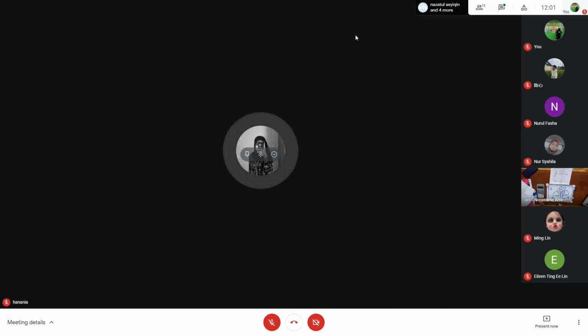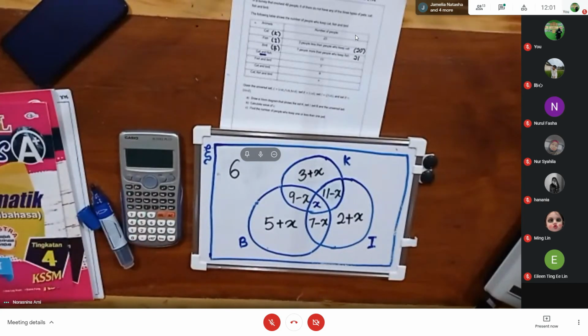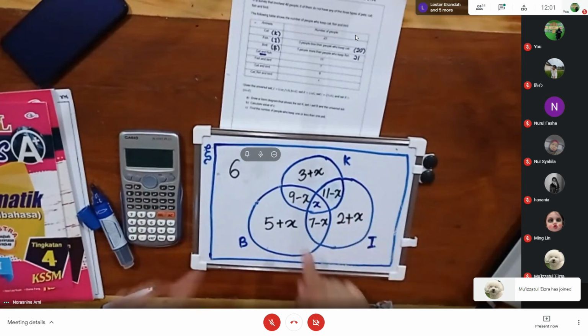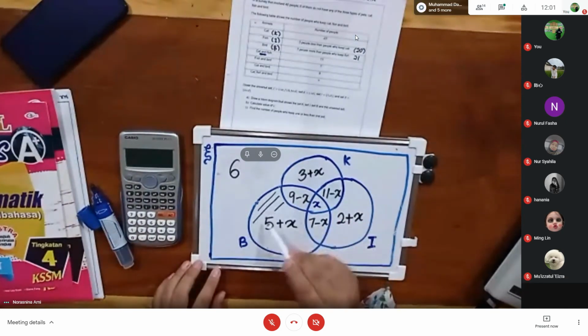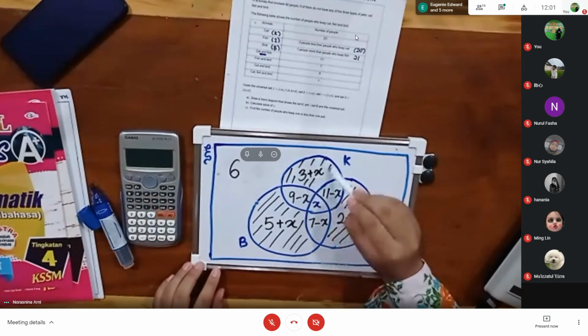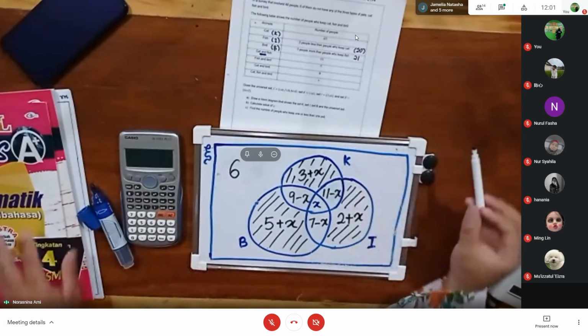Yes, teacher. Okay, next. For C, find the number of people who have one or less than one pet. Okay, from this Venn diagram, there are three parts that keep one pet only. Okay, this part, and this part.